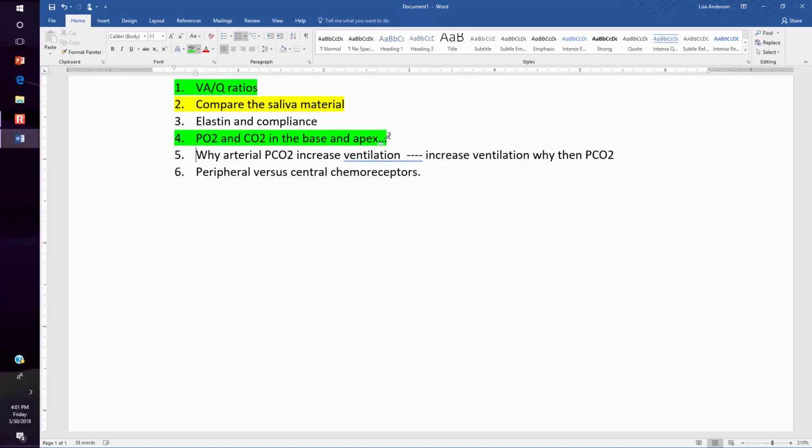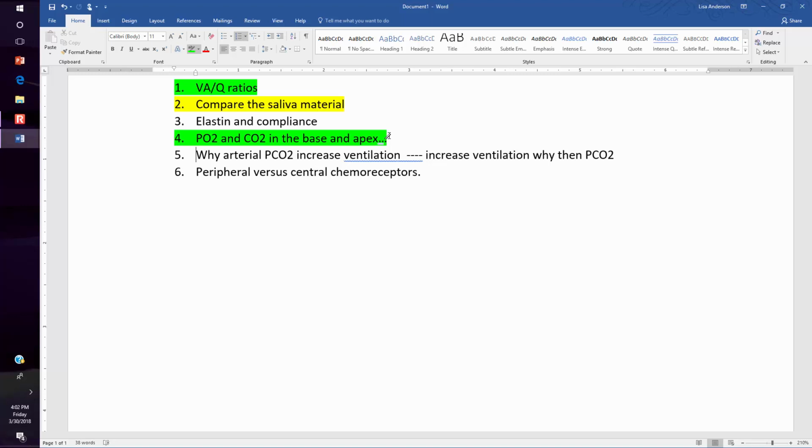Just a little bit of oxygen is unloaded and just a little bit of CO2 is added. So where the ratio is high, the PO2 is going to be higher, and instead of 100, maybe it's 120. And the PCO2 is going to be lower, maybe it's 35 millimeters of mercury.